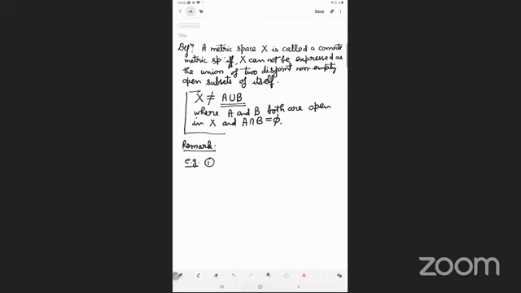Number 1, suppose our metric space is R with the usual metric, then we will show that it is connected.